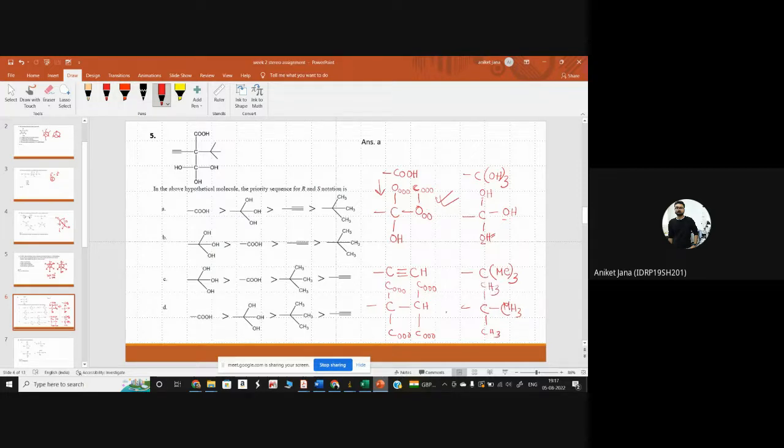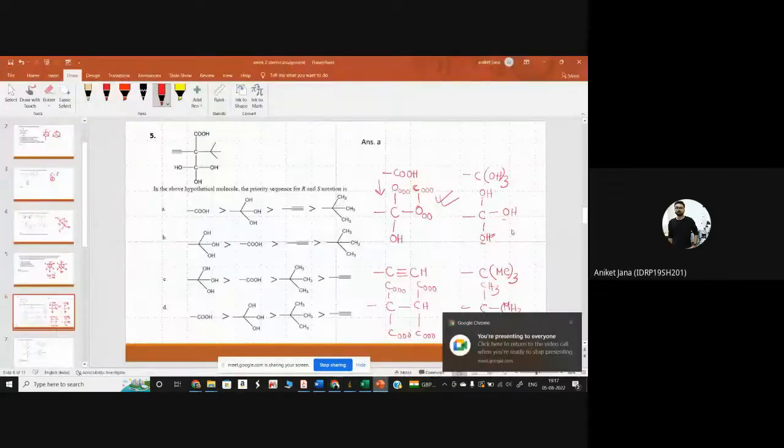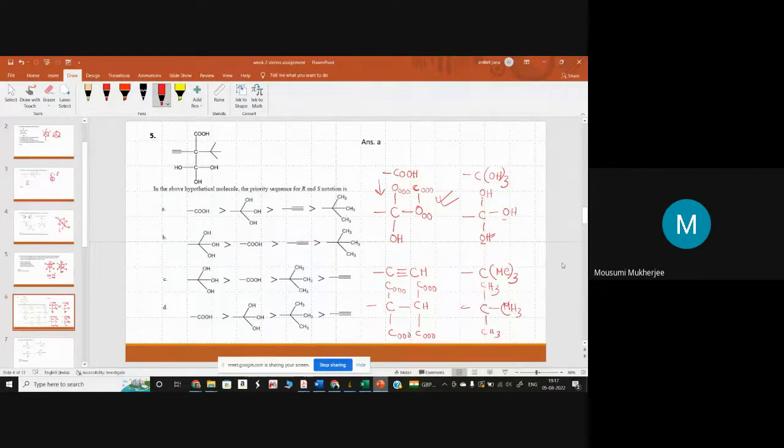In this case, which one is of higher priority? C triple bond CH or CMe3? C triple bond C. And why is it so? Because over there it is connected to carbon, and over here beside carbon there is a CH3 group.